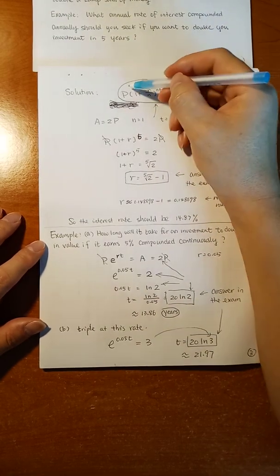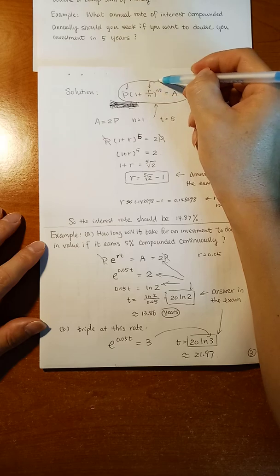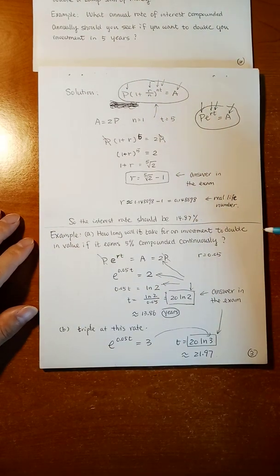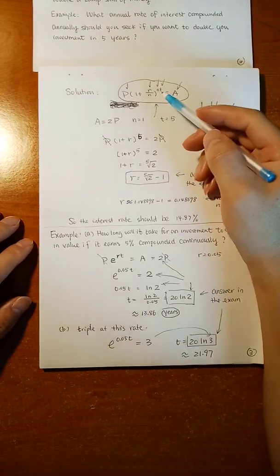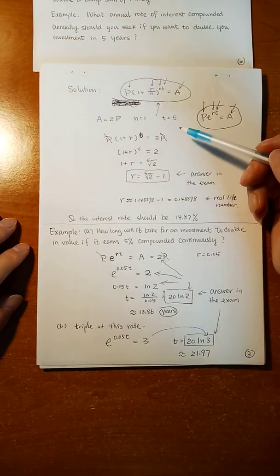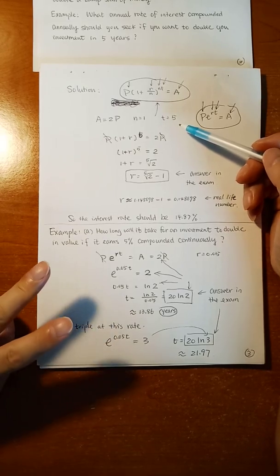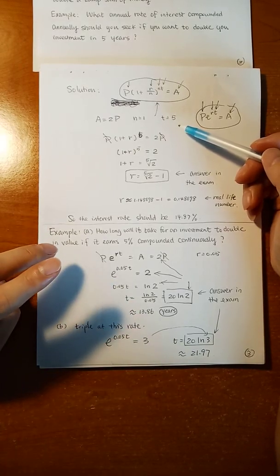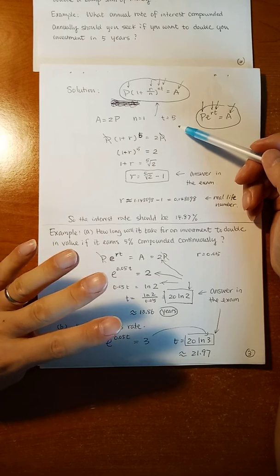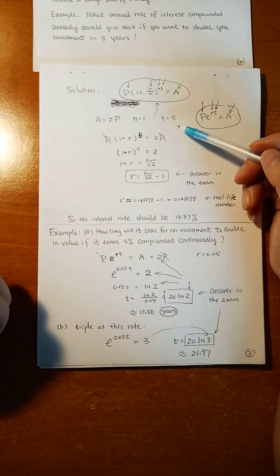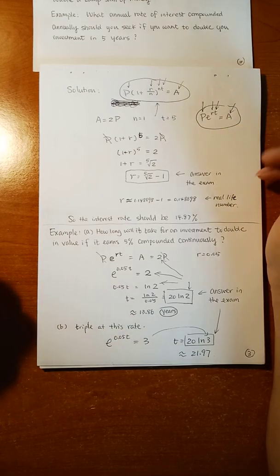Here you have 5 because it's not continuous. And for this n, remember that compounded annually, n is 1. Semi-annually, n is 2. Quarterly, n is 4. Monthly, n is 12. Daily, n is 365. Okay, so that's the setting.